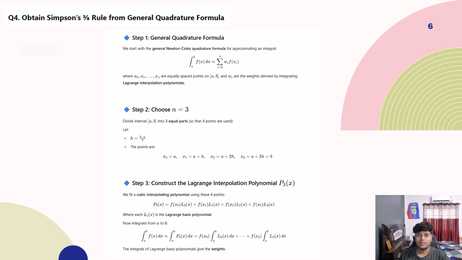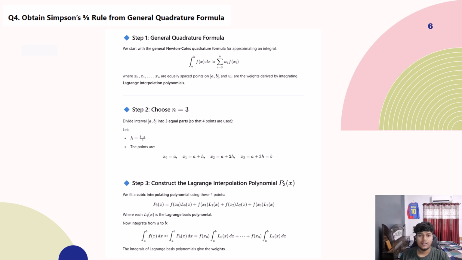The formula becomes the integral of f(x) dx from a to b equals 3h by 8 times (f(x0) plus 3 f(x1) plus 3 f(x2) plus f(x3)).